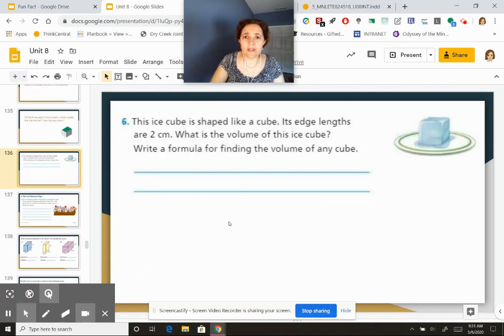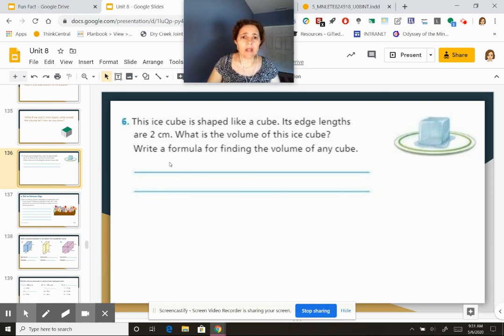Okay, let's practice finding the volume using this word problem. This ice cube is shaped like a cube, okay? It says its edge lengths are 2 centimeters. So this is 2 centimeters. What is the volume of the ice cube?